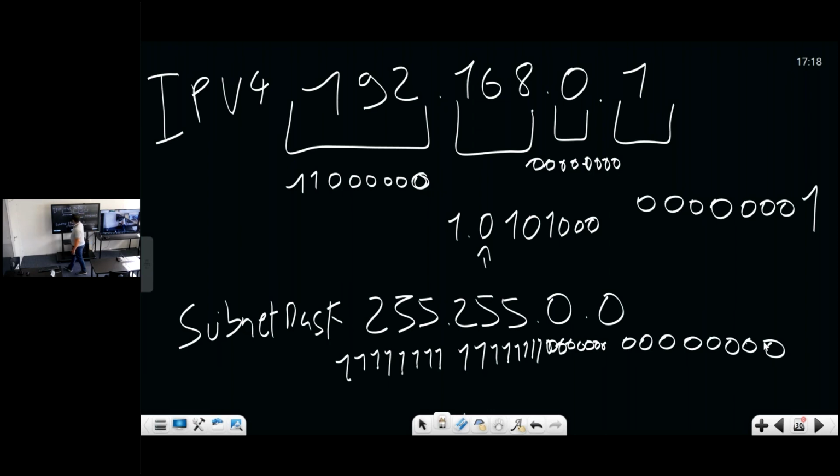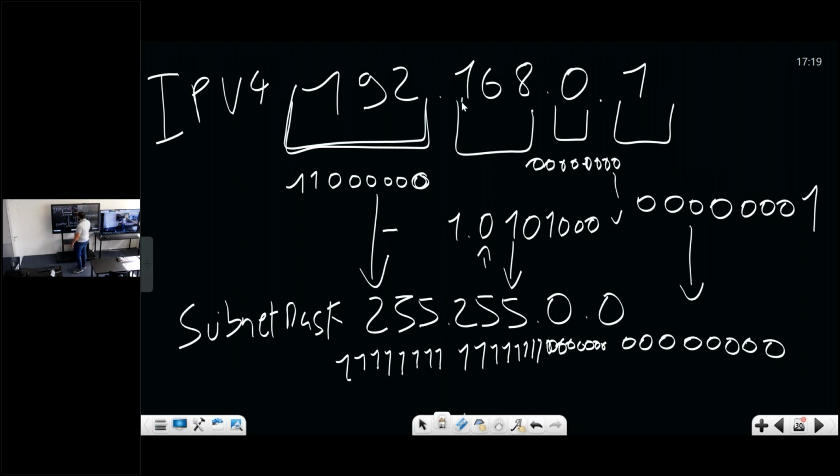And what you do, you apply this to this, and this to this. So you do it as a mask. It's not really minus, but the mask tells you that all this part, because it's 1s, is part of the network address.